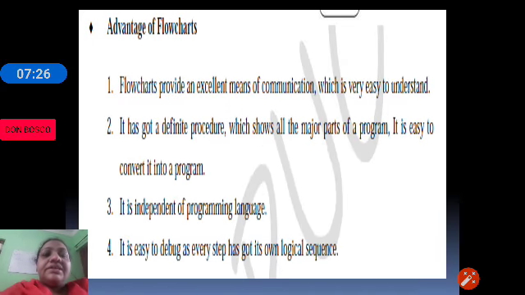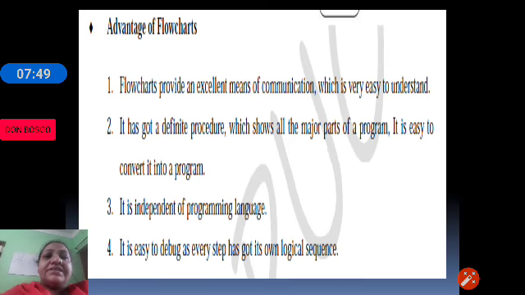So let us see what are the different advantages of a flow chart. A flow chart provides an excellent means of communication which is very easy to understand. So using flow charts, it is easy to understand the process.